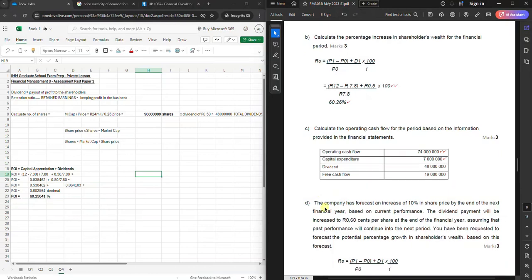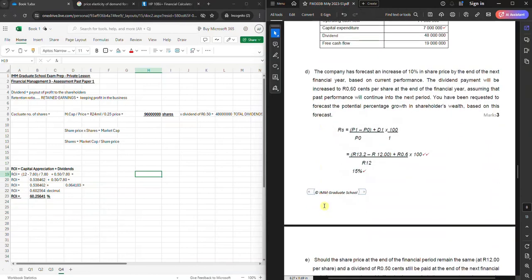Yeah, perfect. And D? What is this one looking at? The company has forecast an increase in the share price. So what was the share price before the increase? The share price was 12. So 12 times 1.1.